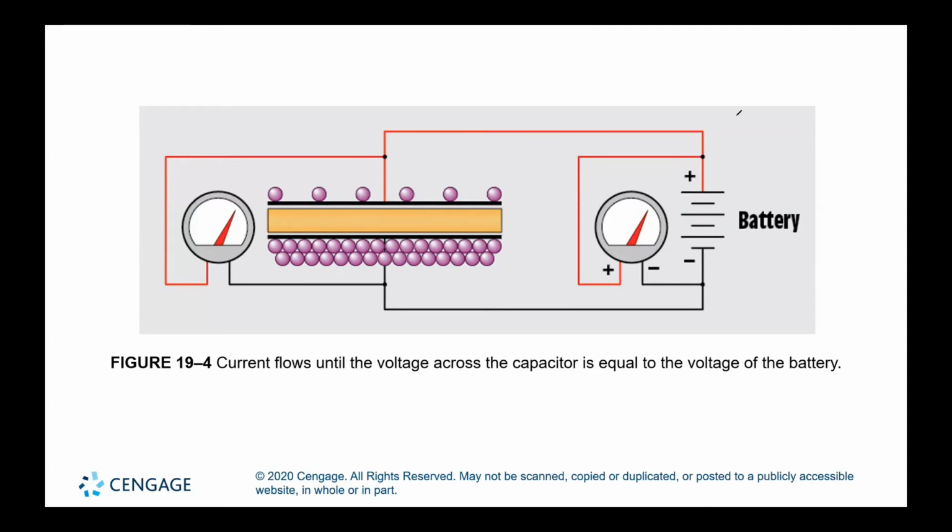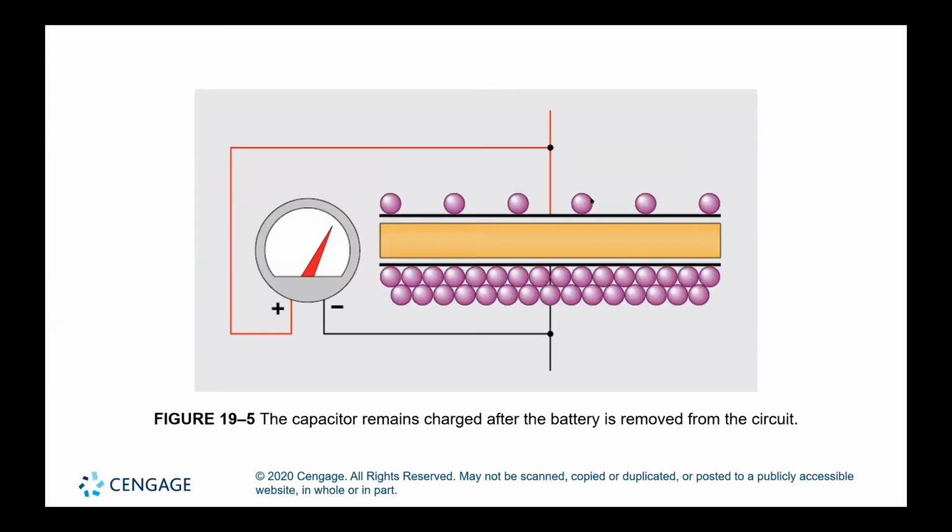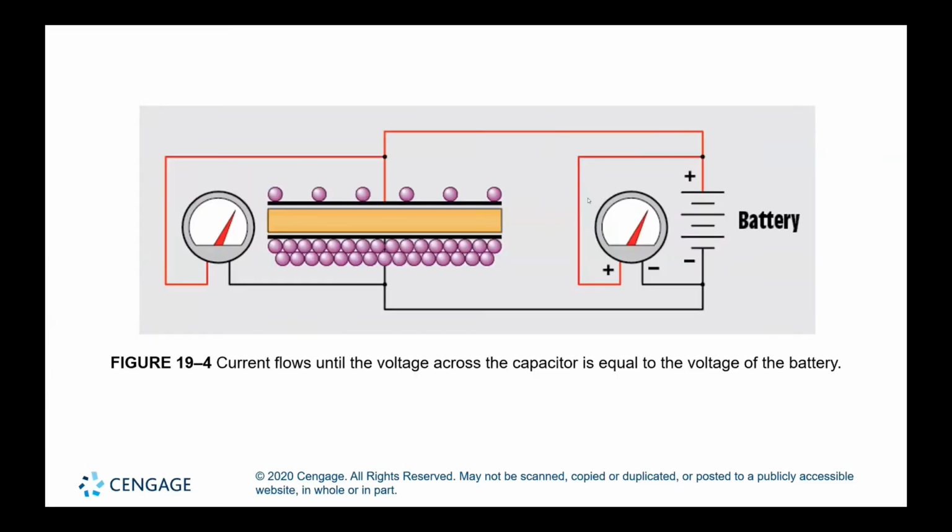Something important to know is that right at the beginning we are going to have a very large inrush current. So if I were to connect an ammeter here, then right at the very, very beginning, let's say, this is 0 volts here. This is the max voltage here.